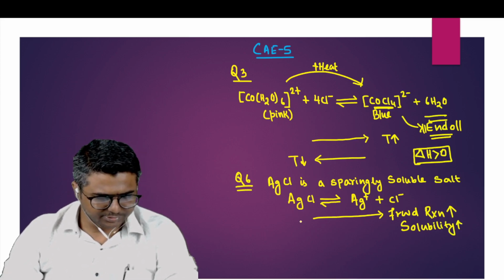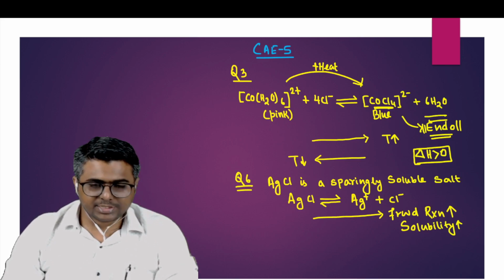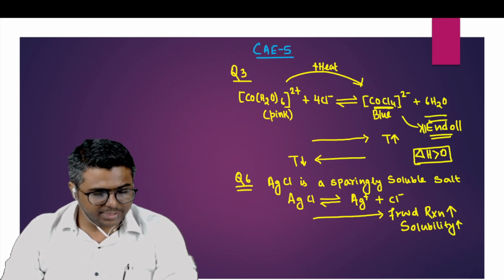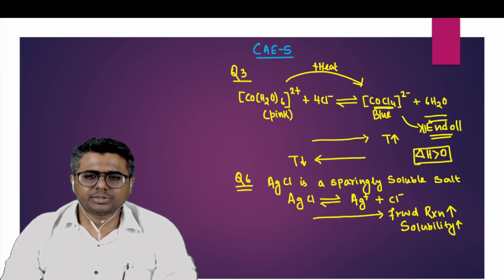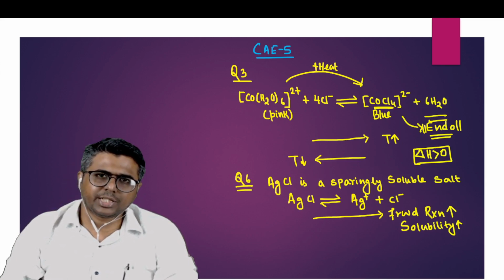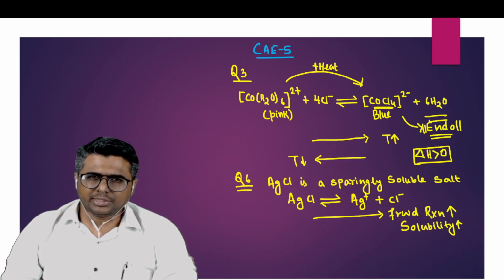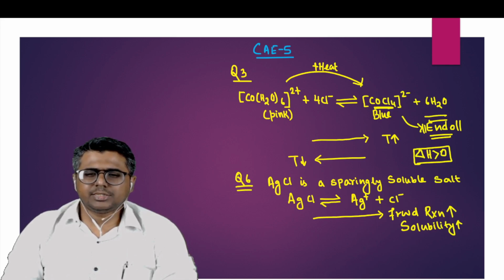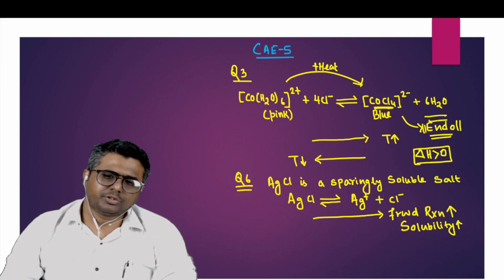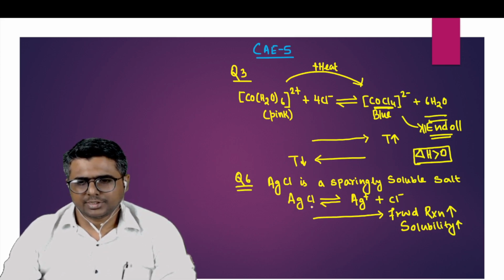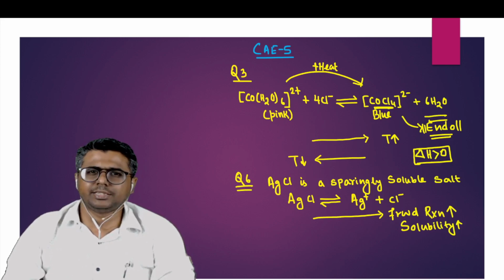Now what is asked? First, it is asked, if NH3 is added, will there be an increase in solubility? This question is not of physical chemistry directly. This is a class 10th stuff. AgCl is soluble in ammonia. So the first is correct, yes, the forward reaction will increase, the solubility will increase if NH3 is added.